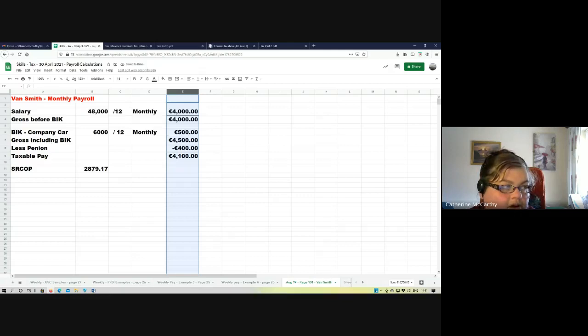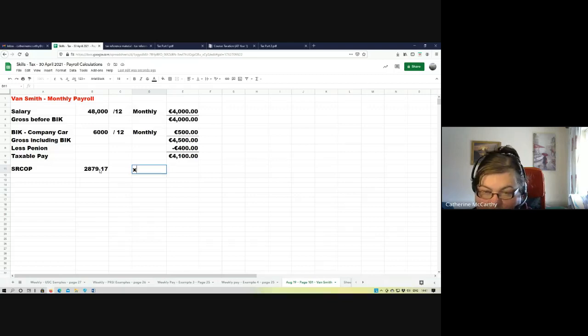What does your standard rate cut-off point mean? That's how much you can earn at 20%, and anything over that, you go on to the 40% bracket. So 2879.17 by 20% is 575.83.